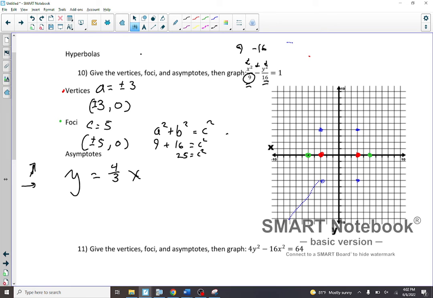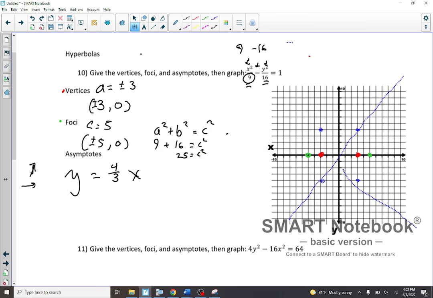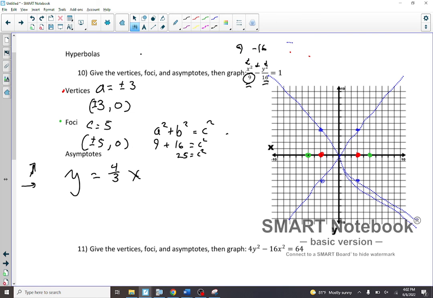And then let's make some dotted lines. Hopefully not as horrible as I did before. And then we're going to make our hyperbola. When you make your hyperbola, you kind of go next to the asymptotes. Okay.